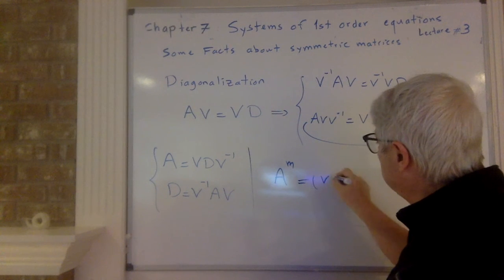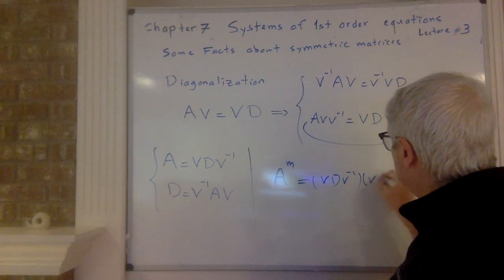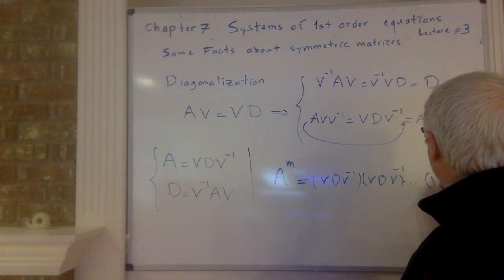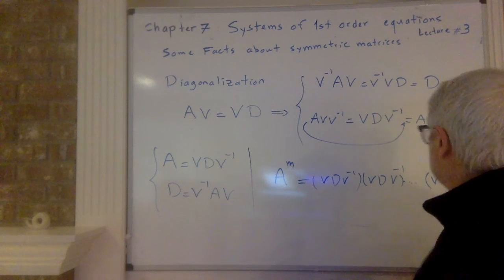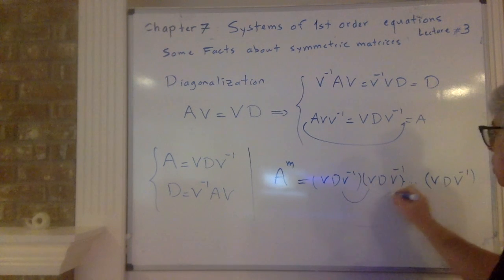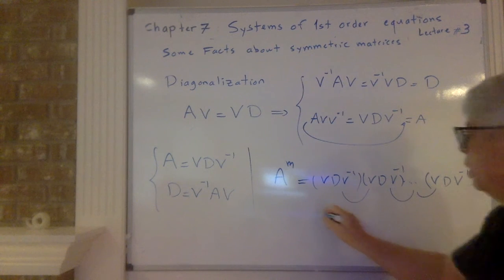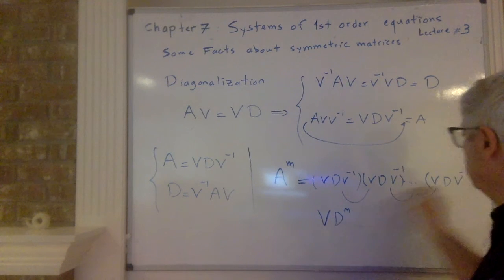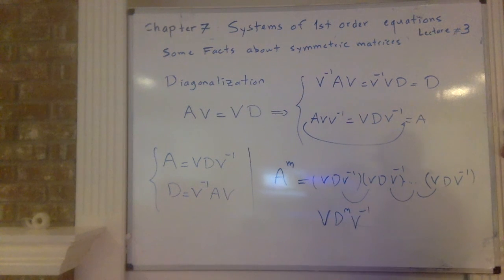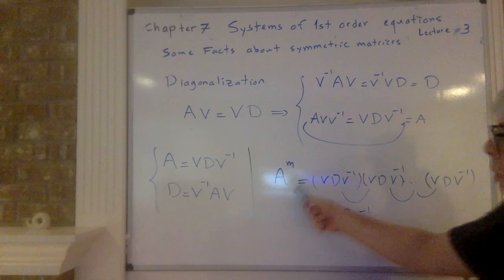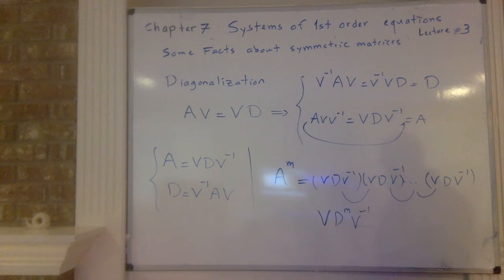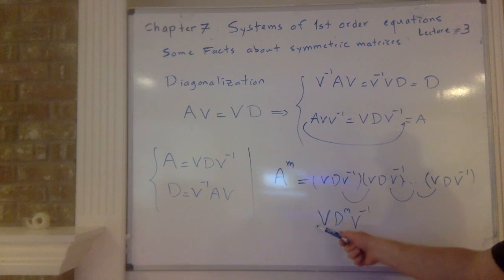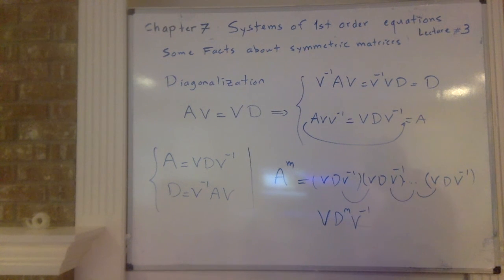So I have V D V inverse, V D V inverse, and this times itself m times. If I remove parentheses, V inverse times V is I. So I will end up with V, then D to power m, and V inverse. Isn't that interesting, that raising A to power m is simply raising D to power m and multiplying on this side by V, on this side by V inverse.